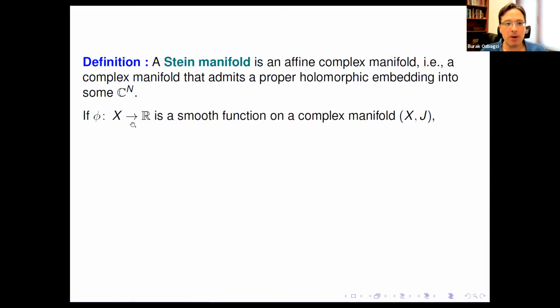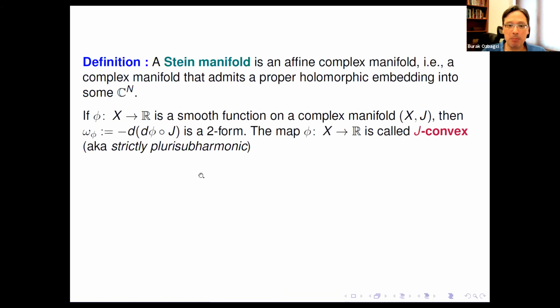If phi from X to R is a smooth function on a complex manifold (X, J), where J denotes the complex multiplication, which is the endomorphism of the tangent bundle, then omega sub phi, defined as minus the differential of d phi composed with J, is a two-form. And the map phi from X to R is called J-convex, also known as strictly plurisubharmonic, if omega_phi(v, Jv) is positive for all non-zero vectors v in T_xX.